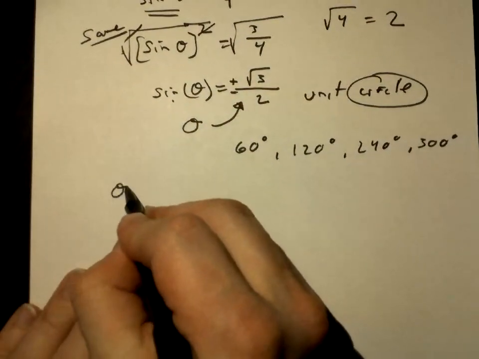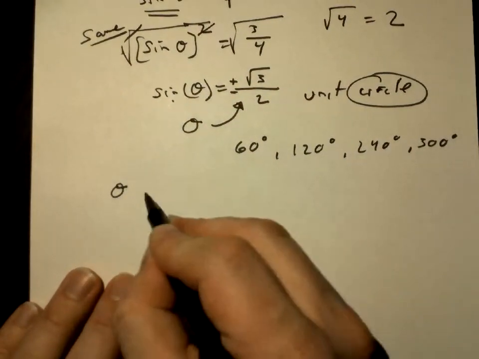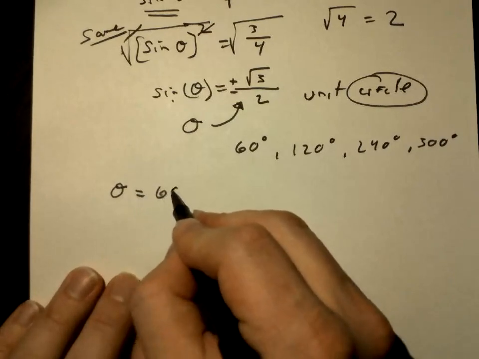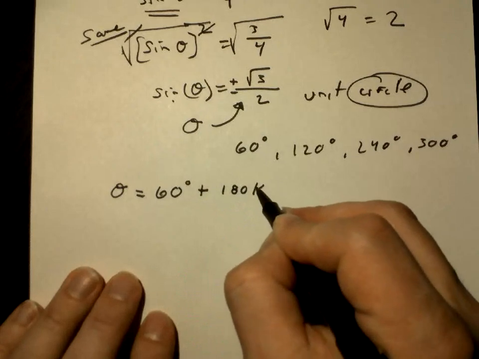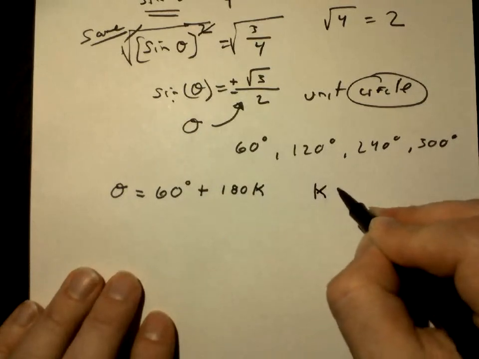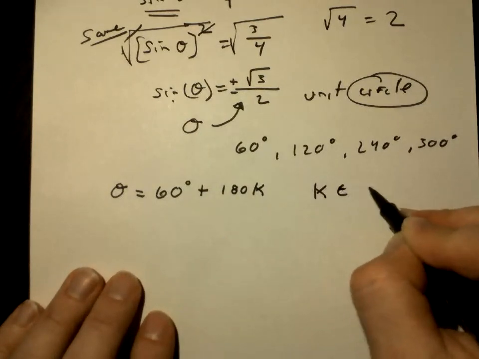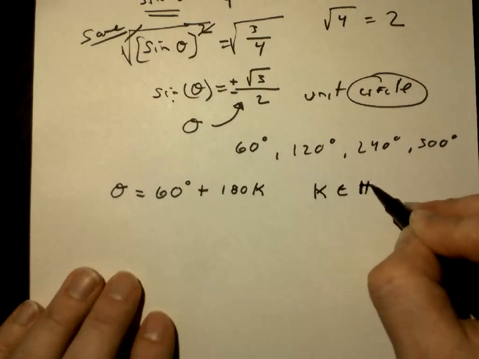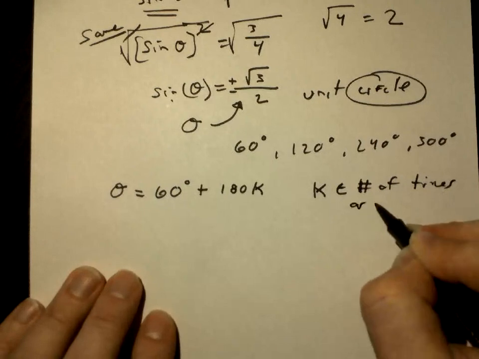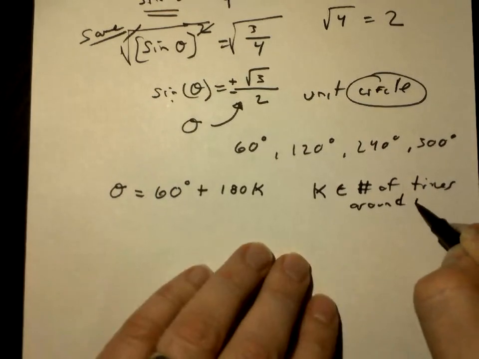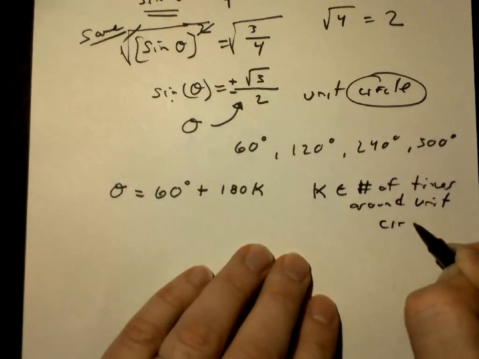You're going to say, okay, the angle is going to be 60 degrees plus 180, let's make it K. K is the number of times around the unit circle.